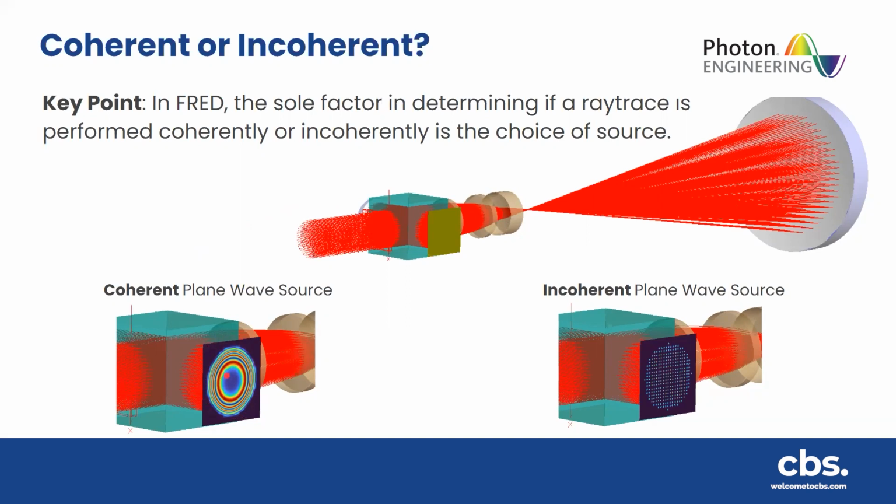And it's that coherent sum that allows us to understand the interference pattern. And that's what you don't get in the incoherent case. So we need to use a coherent source, and then Fred knows behind the scenes for the user. The user doesn't have to do anything else, that we're tracing the rays coherently and taking into account interference and diffraction effects.